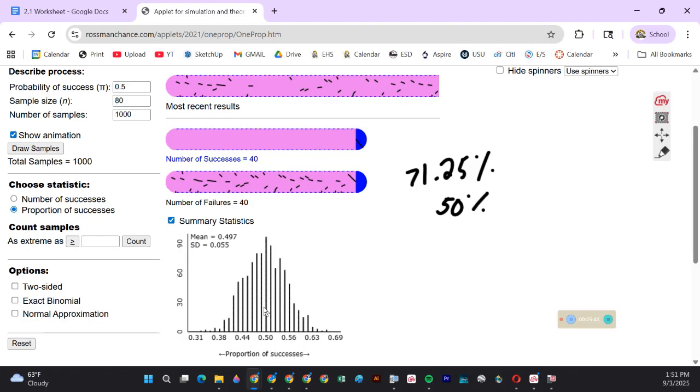Okay, does it make more sense to use the number of successes or the probability of successes? Probability. We want to stick with probability.